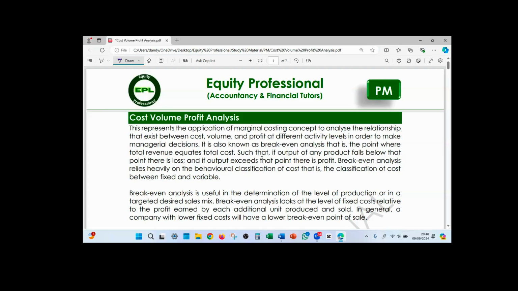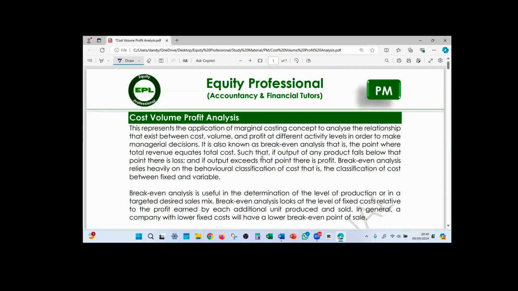Simply put, cost volume analysis involves the application of marginal costing technique to establish a relationship between cost, volume, and profit at different activity levels in making managerial decision.